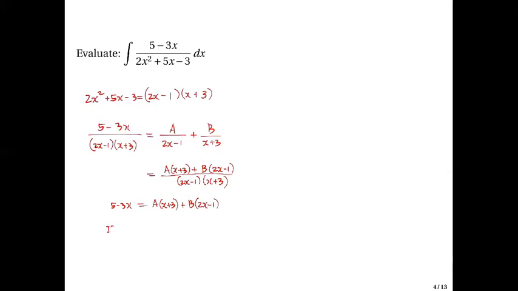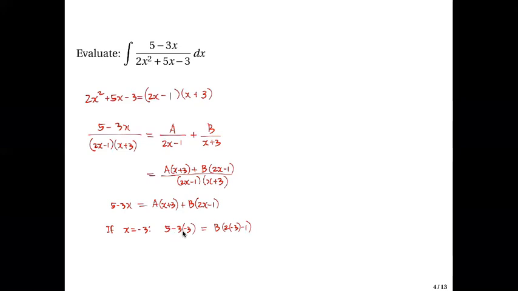And then let's just substitute x equals negative 3. So if x equals negative 3, this guy here will disappear. And we will have 5 minus 3 times negative 3. This will be equal to b times 2 times negative 3 minus 1.